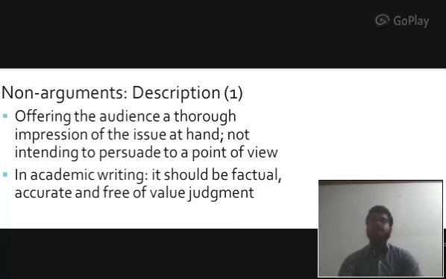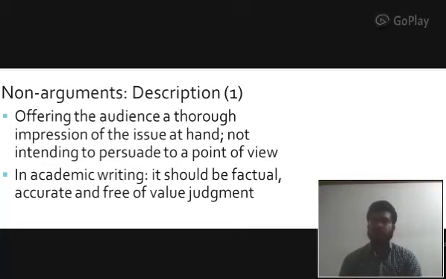And here I have talked about three types of non-arguments because these are the most common ones. First is description. So description is not an argument. Description means you offer the audience or the reader a thorough impression of the issue at hand. You describe what something is.